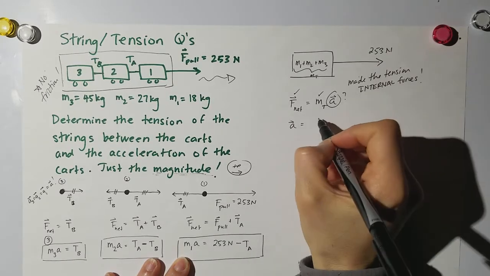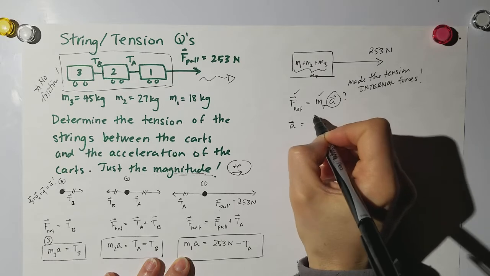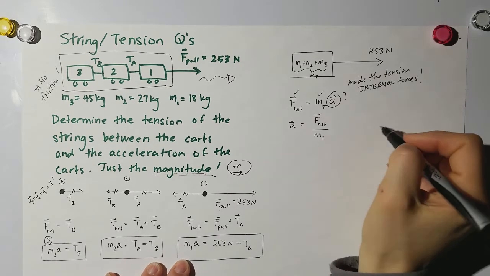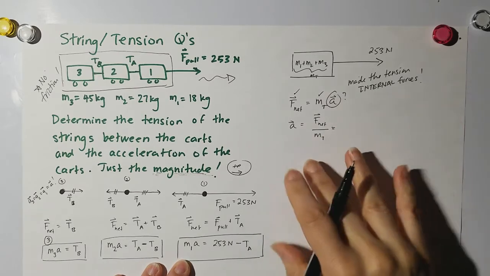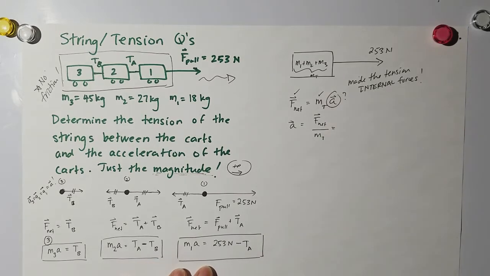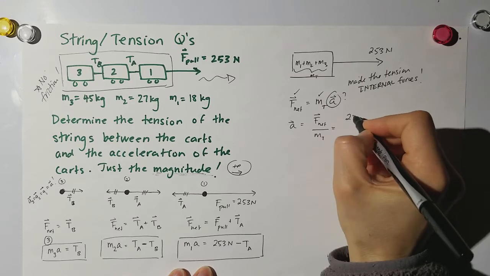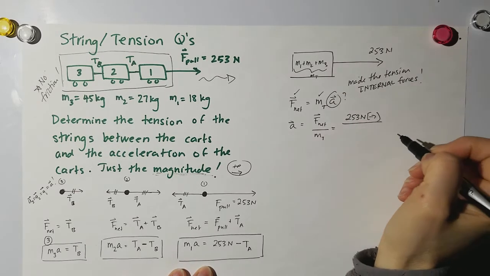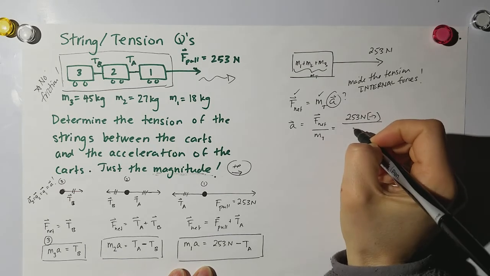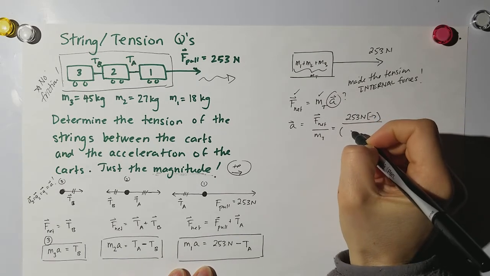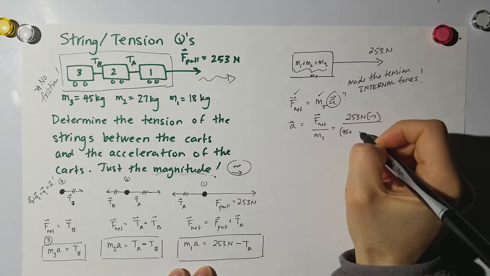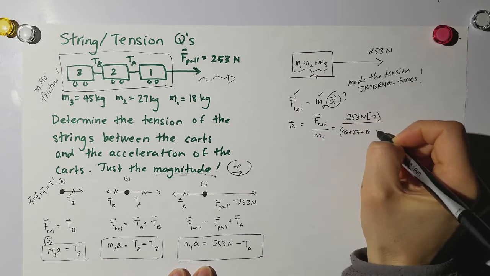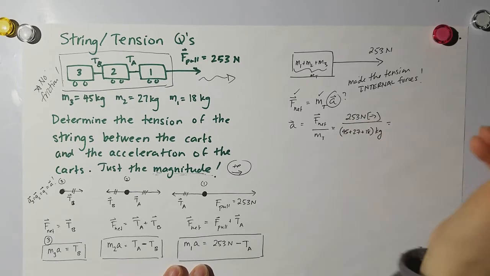So the acceleration ends up being F net over mass total. I'm going to go to the right here so I have enough room to finish my question. So F net is 253 newtons to the right, and my mass total is 45 plus 27 plus 18 kilograms.